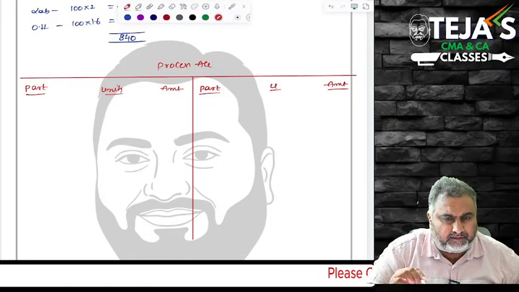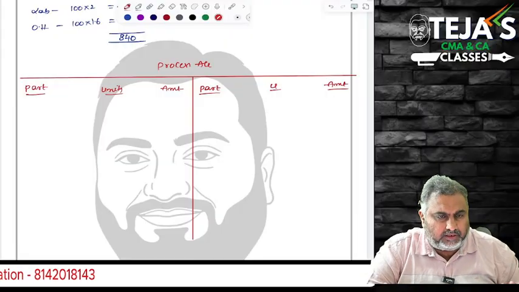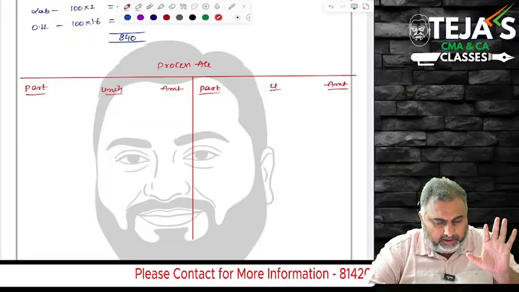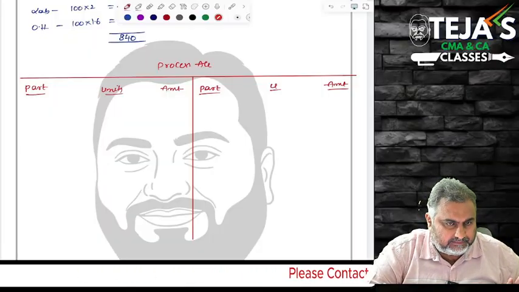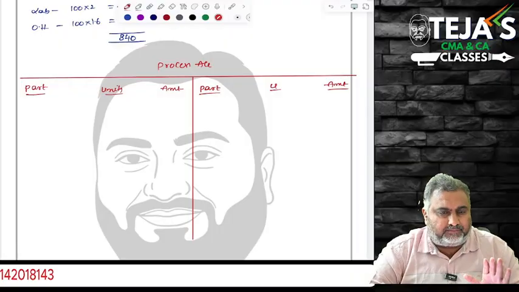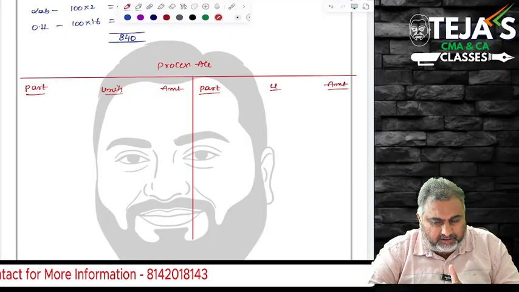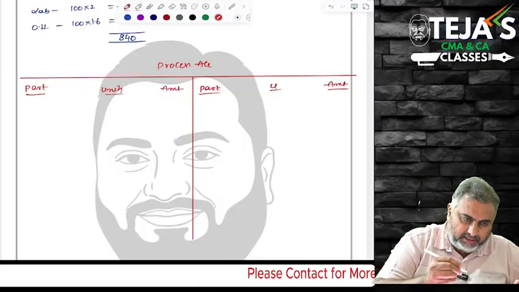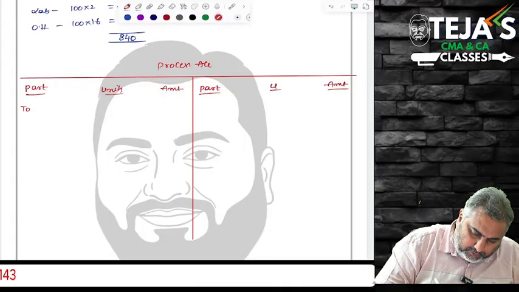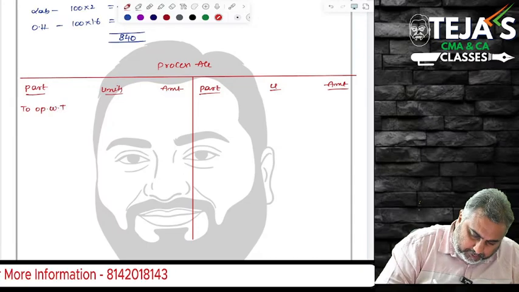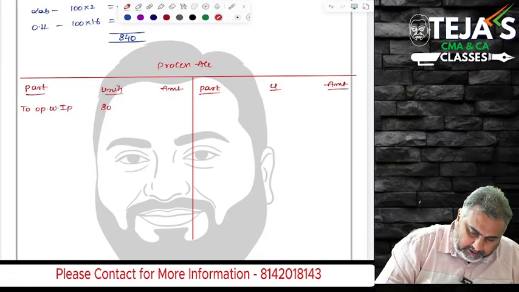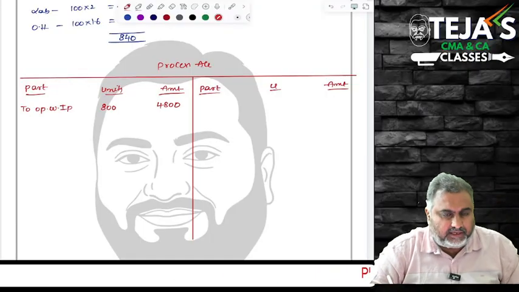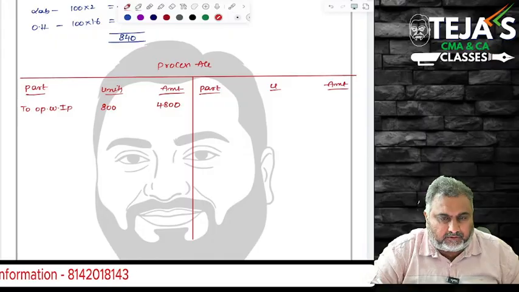Sir, how to prepare process account? Simple. Whatever information is provided in the question, debit all those expenses. Whatever cost apportionment you prepared, use that information to credit other than normal loss. If you see, to opening work in progress, how many units? 800. The amount is already given in the question: 800 units, 4,800.